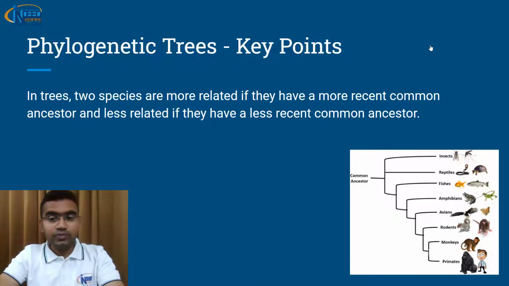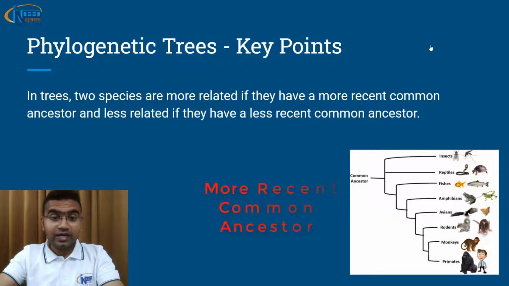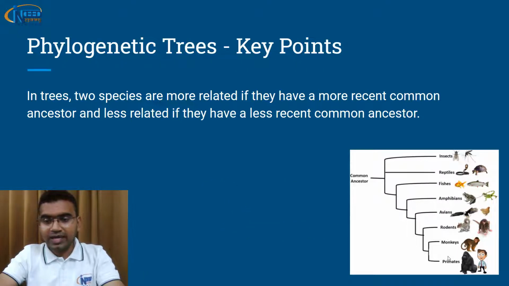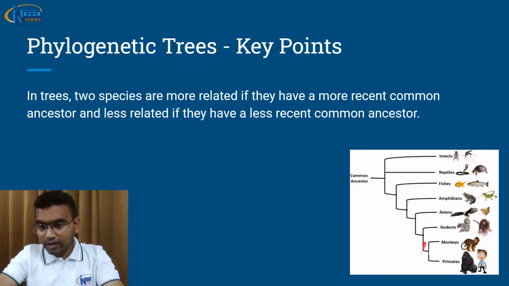Let us understand. In these trees, two species will be called more related if they share a more recent common ancestor, and less related if they have a less recent common ancestor. In this particular case, monkeys and primates have a more recent common ancestor, because they have the common ancestor over here.